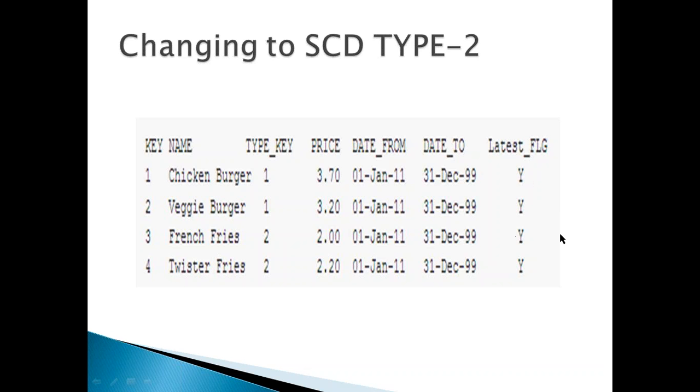Whenever it has N, it means it is not active. Okay. So here French fries, now it is active. When I add a new record with French fries price 3, this particular third record will become N and your new record will become Y. So your flags will help you to know which records are active and which are not active. Okay. So this is your type 2 SCD.